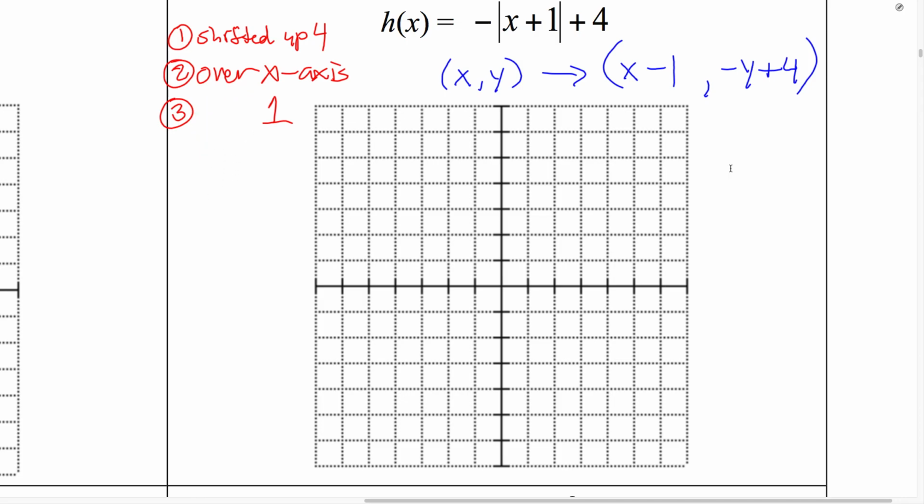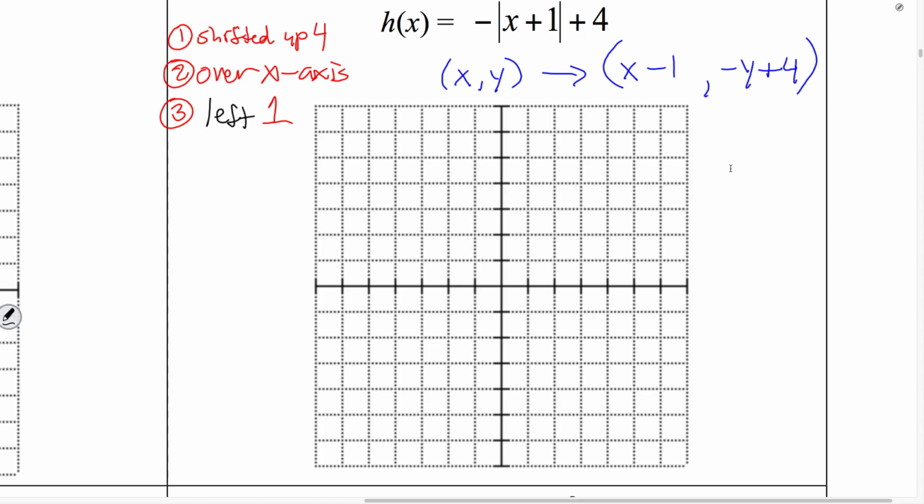I don't know if that makes sense. Right. We said that when it's inside, it goes opposite. So plus normally would go right, but when they're inside, they go opposite. So that's actually going to be left one. Yes, you're correct. And that x minus 1 is correct there. The negative y plus 4 is correct.